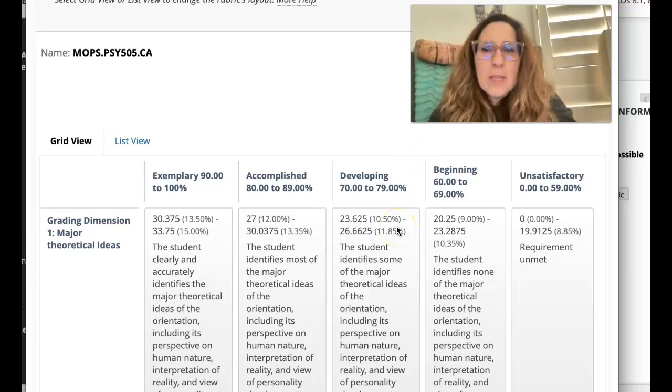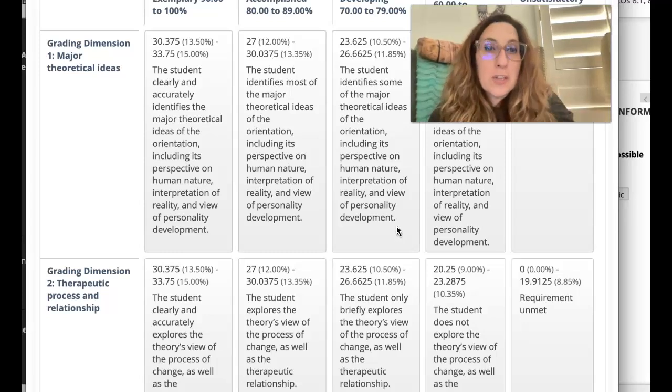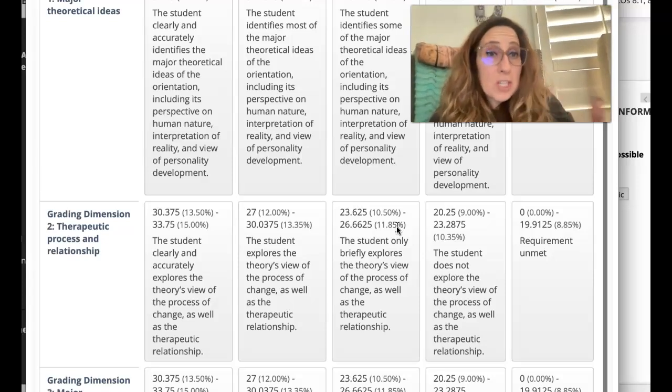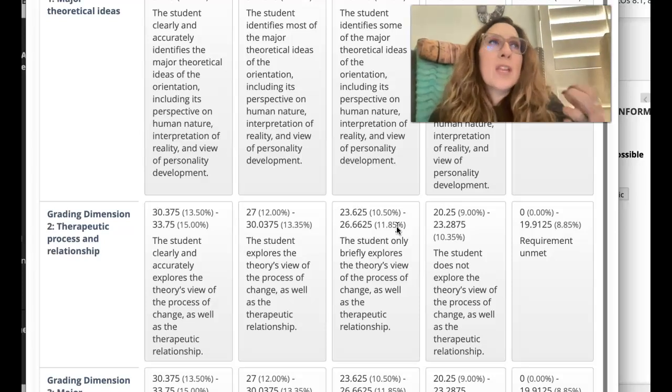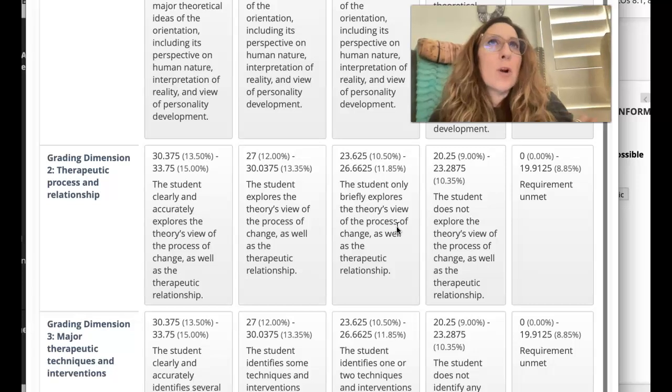Okay, so again, theoretical ideas, that's important. You need to make sure you have a theoretical concept that you're evaluating the family through, right? The therapeutic process and relationship: what's the relationship like with the clinician when using this modality? We've talked about that using other modalities, how some of them are more about aligning with the family, others are different, right?